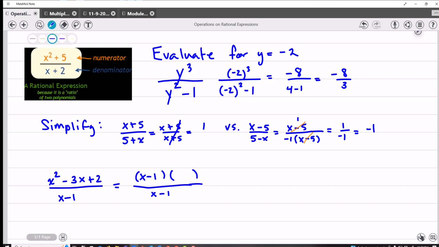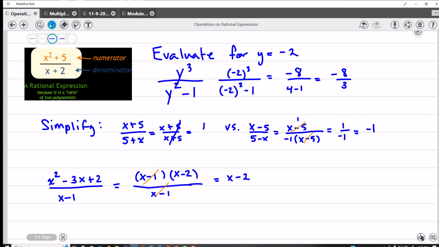But let's say I didn't know that. x squared is going to be x times x. The only way I can get a 2 is a 2 and a 1. The middle is negative, this is positive, so it needs to be a negative, and a negative times a negative will make a positive. And see, I told you. And so therefore, our answer is simply x minus 2.